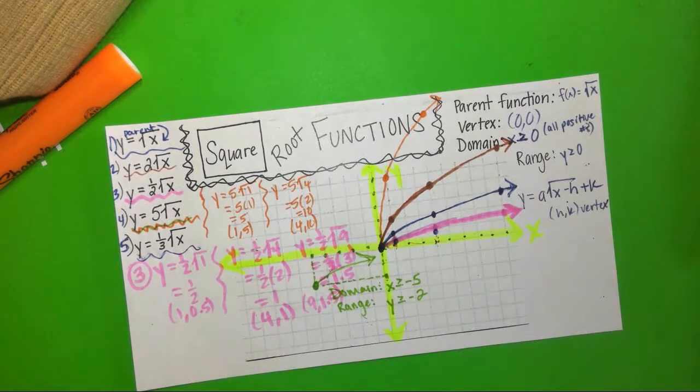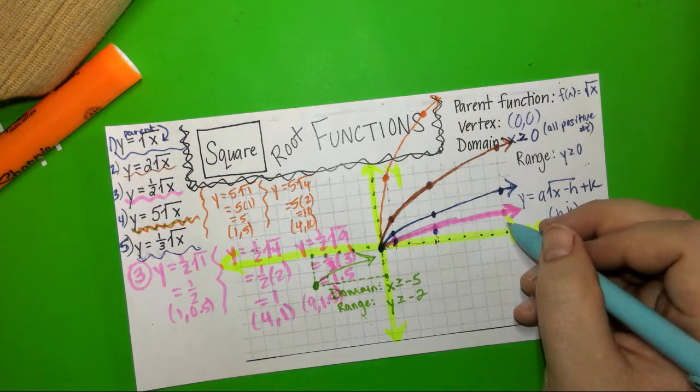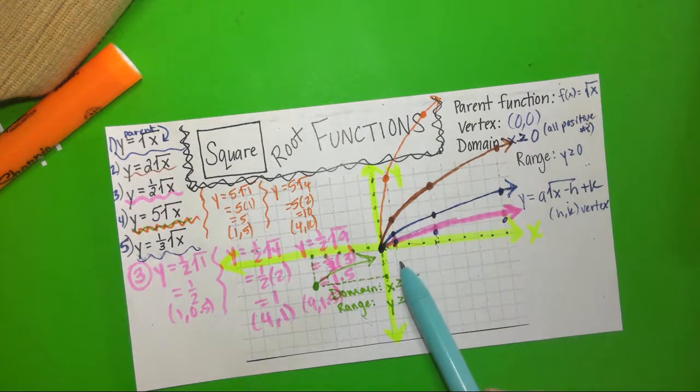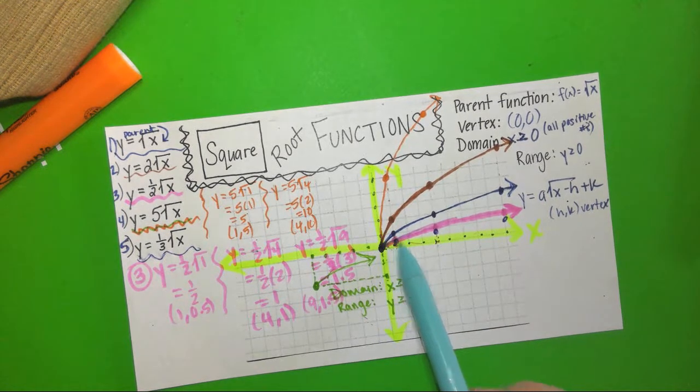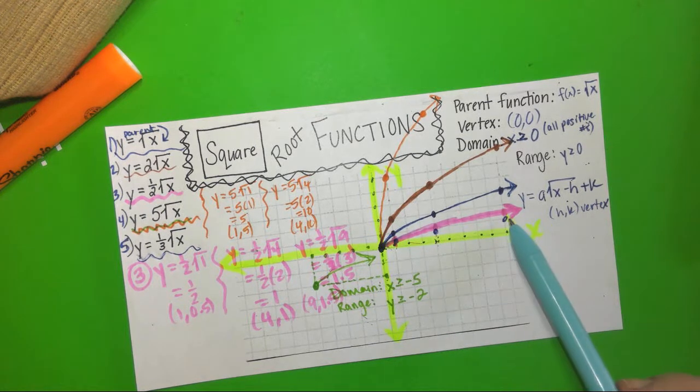Instead of going over 9 up 3, I go over 9 up 1. How are we figuring that out? 1/3 times 1 is 1/3. 1/3 times 2 is 2/3. 1/3 times 3 is 1.